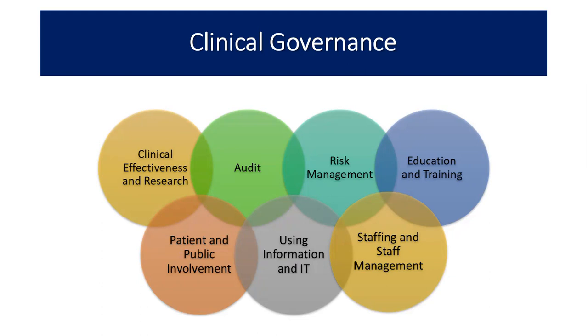The key ones we spoke about that are directly relating to the clinician are clinical effectiveness and research, audit, risk management, and education and training. You have to establish these in your center, and these are what we call the core components of the clinical governance. And most of the other parts are things you do with managers, IT staff, and leaders in the institution.